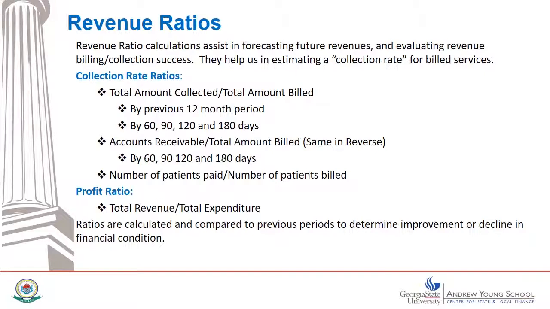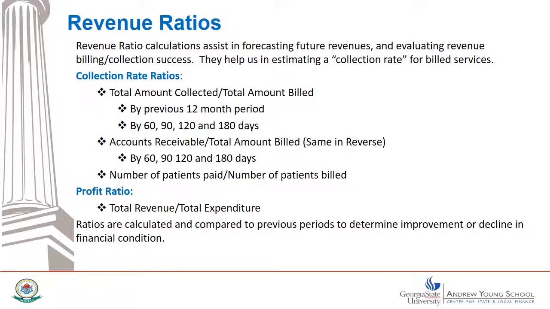These ratios will help provide support for a better estimate of a collection rate, as well as how the lab should budget for billable services in the future. This collection history and these collection ratios are also useful in supporting creditworthiness if the lab ever needs to borrow funds.